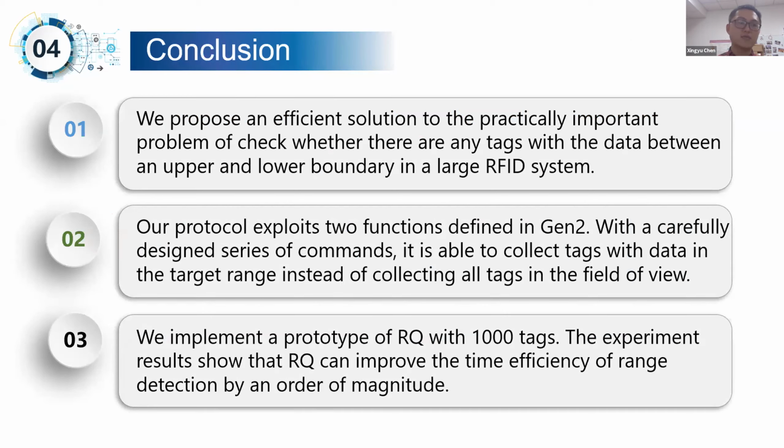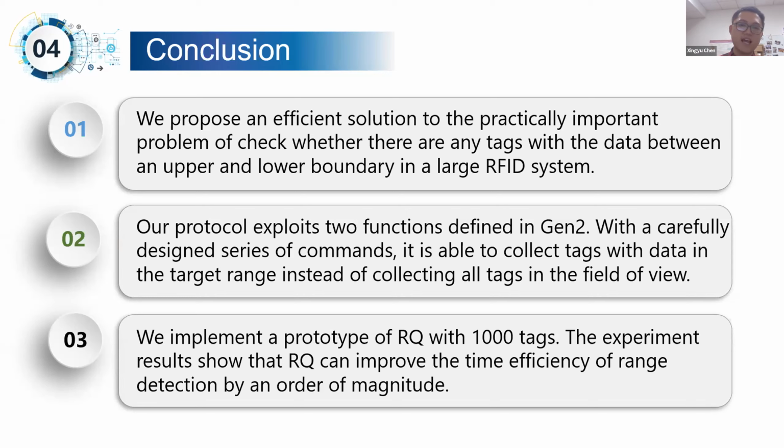Now I conclude this work. In this paper, we propose an efficient solution for range detection. In a large RFID system, our protocol exploits 2 functions defined in the Generation 2 protocol.